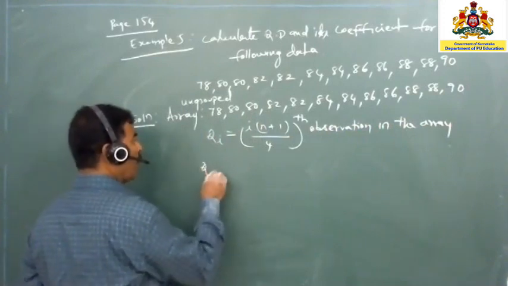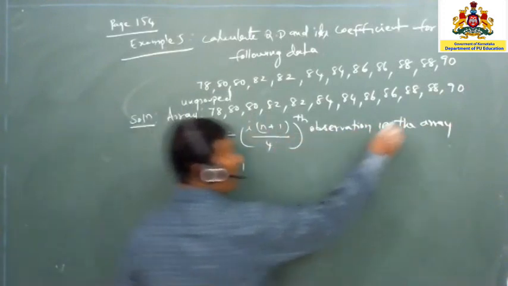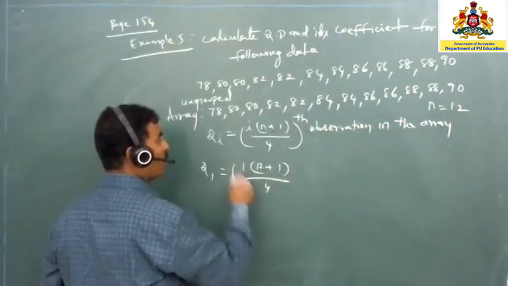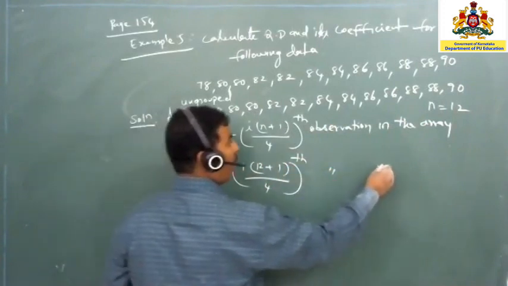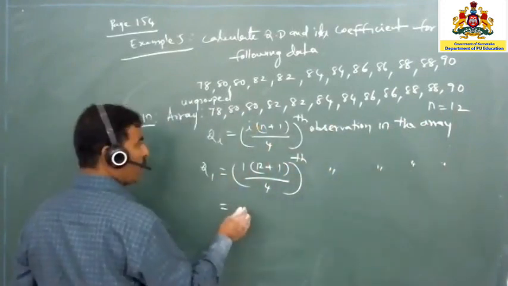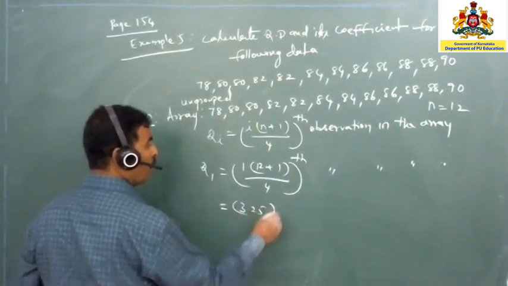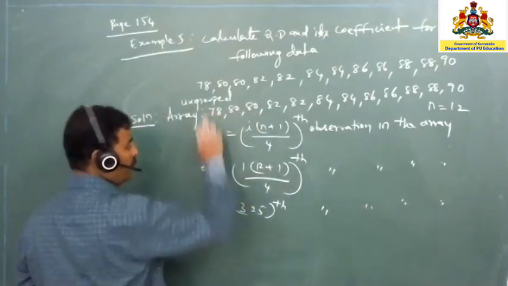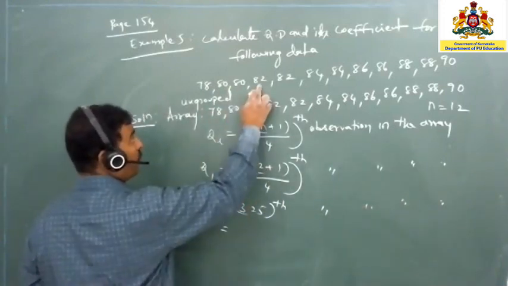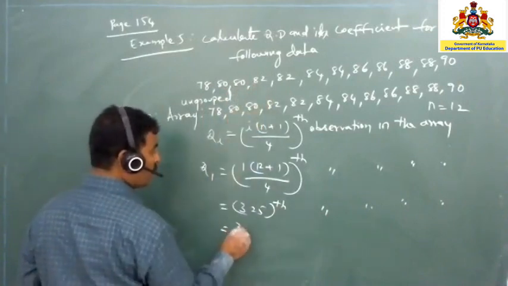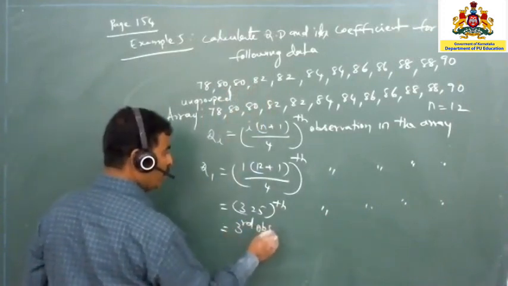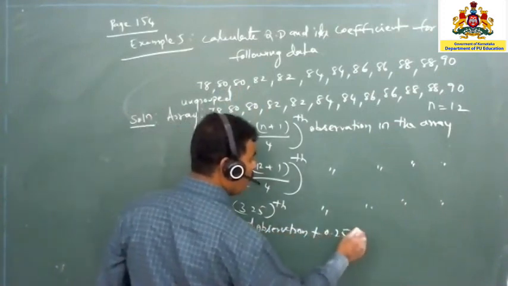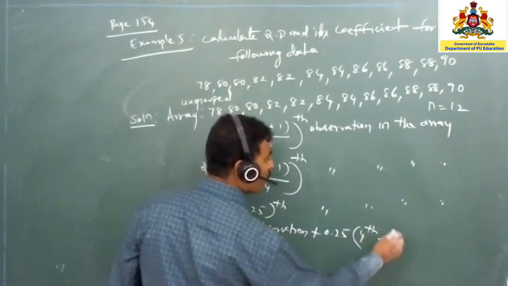So here Q1 equals 1 into (n plus 1) by 4th observation. N is 12 observations, so 12 plus 1 by 4, which is equal to 3.25th observation in the array. So 3.25 means it is between the third and fourth observation. That is the third observation plus 0.25 into (fourth observation minus third observation).